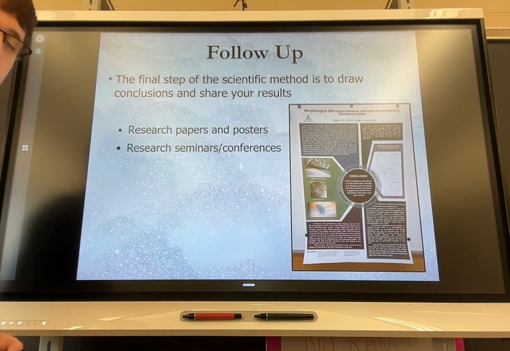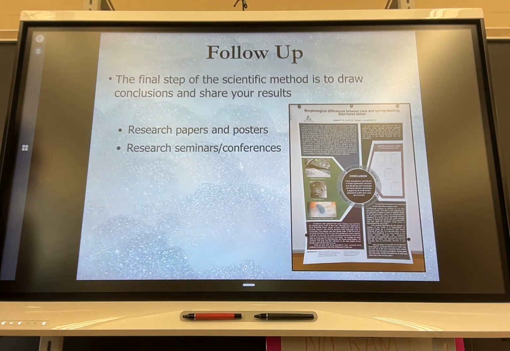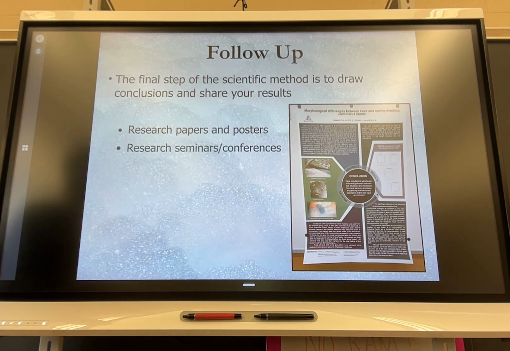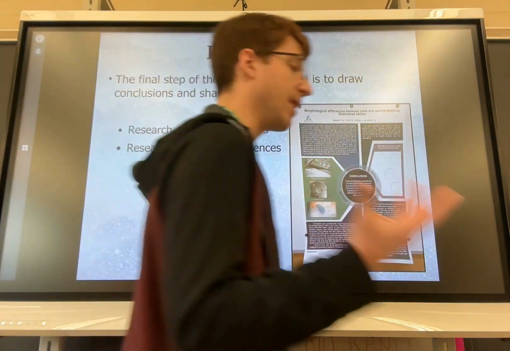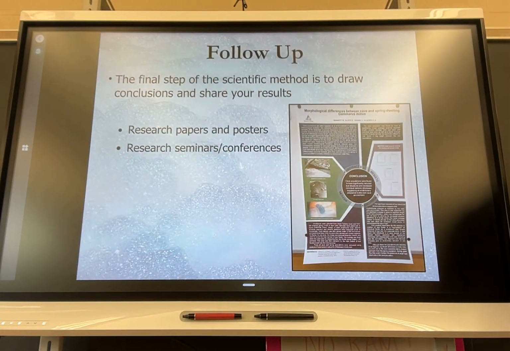So once we do our experiment and analyze our results, the best thing you can do is share your conclusions and share your results. We do this in a few ways as scientists. Research papers and research posters help a lot for getting our points across.